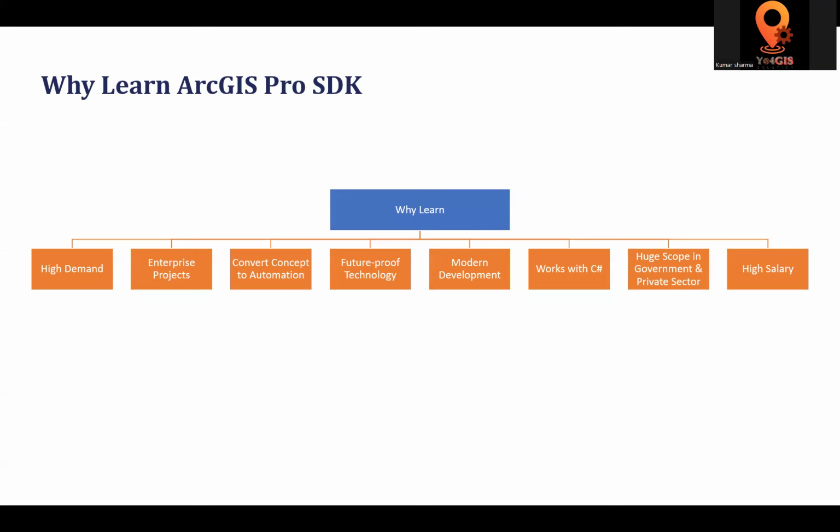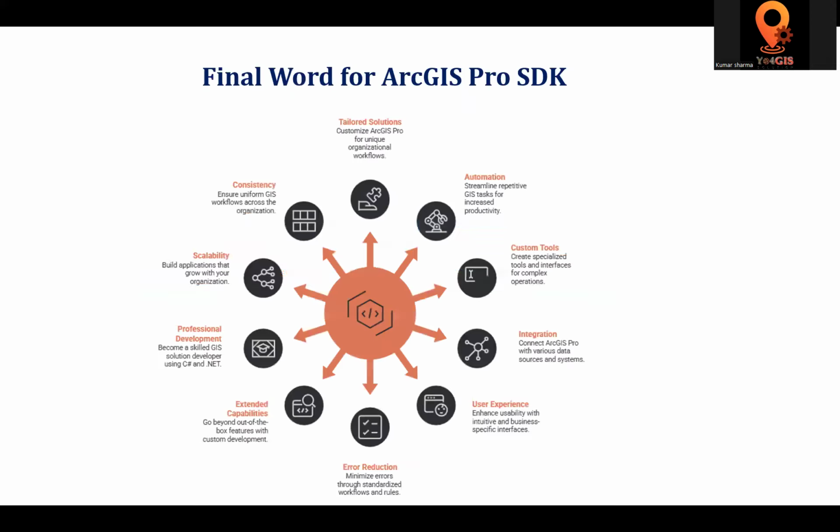Knowing is one part, and if you do the practice, then it will create wonders. So we have to learn and practice, then we will definitely get 100% of the benefit of ArcGIS Pro .NET SDK development.